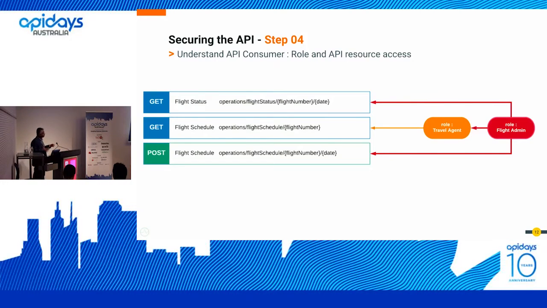Based on the role, you will have different access to different resources. So this is the API resource level access. You can implement your security and go to that level of granularity. You can stop at the API level, or you can go into the HTTP method, the resource, and sub-resources as well.